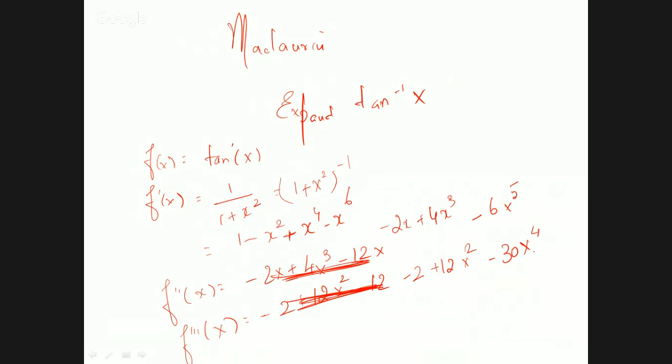So now, Maclaurin series is very easy. What you do in Maclaurin series is apply x is 0, get the value and apply it in the formula.